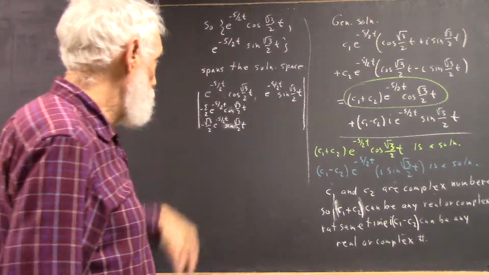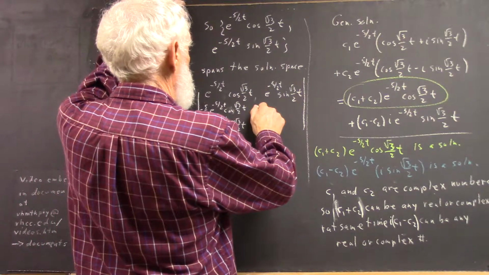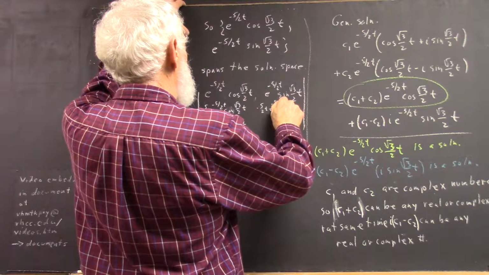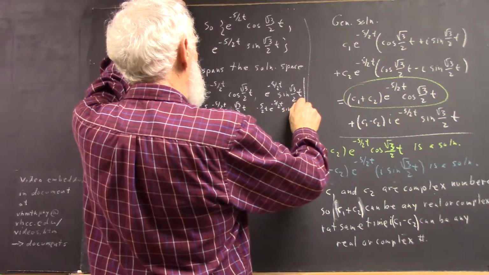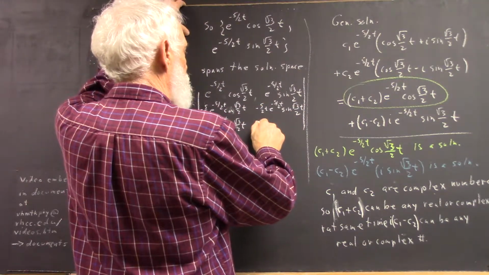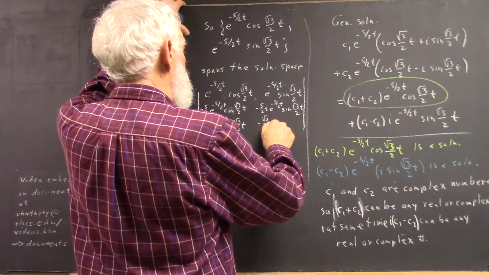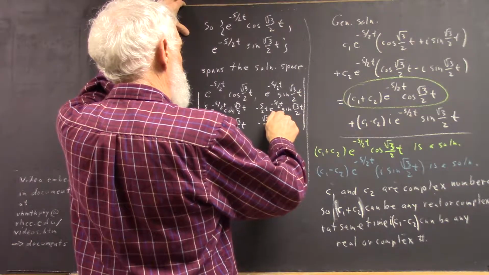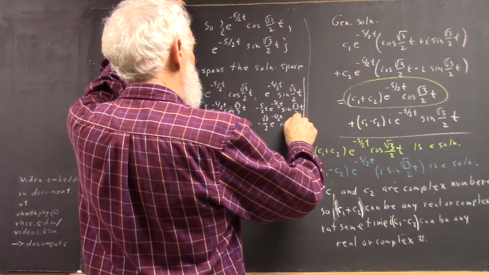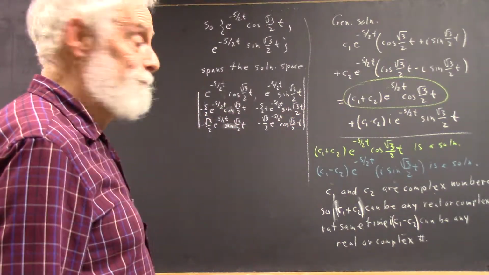So I think I've finally written these down correctly. But let me independently write down what I think I get over here. We get negative 5 halves e to the negative 5 halves t sine square root of 3 over 2 t. And then it's going to be minus square root of 3 over 2 e to the negative 5 halves t cosine square root of 3 over 2 times t.